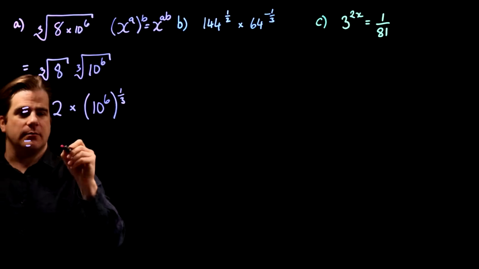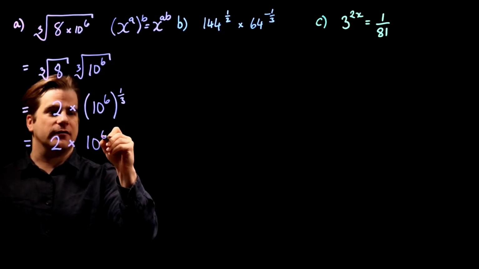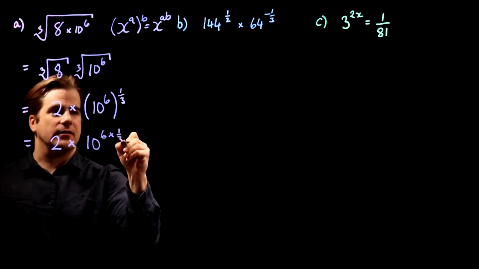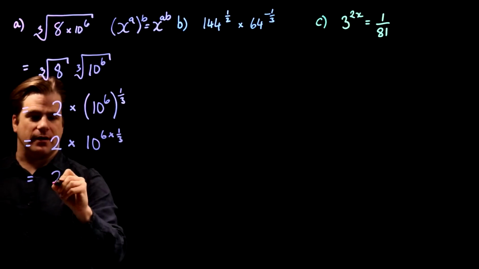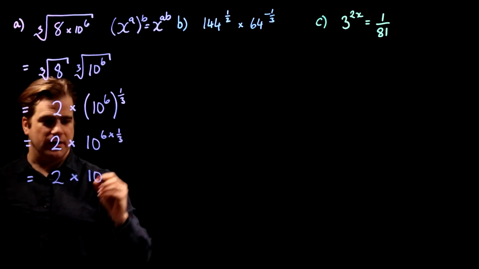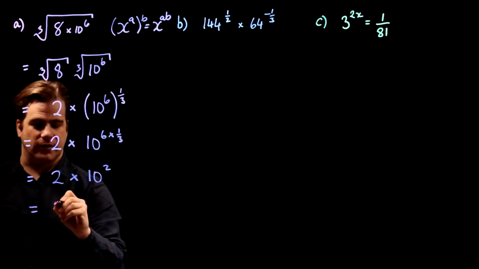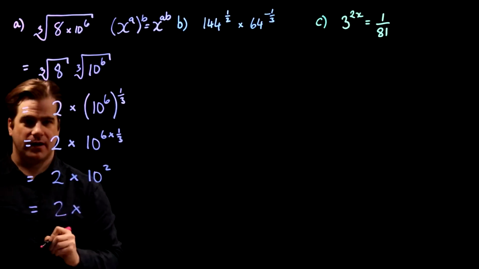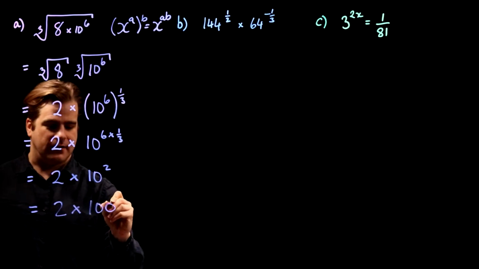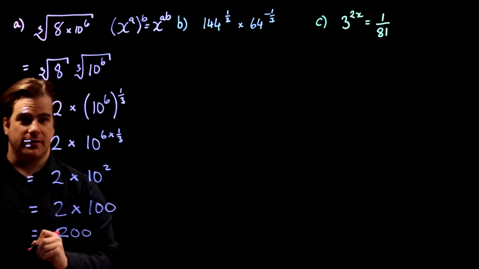So that becomes 2 times 10 to the power of 6 times a third. And 6 times a third is 2. So it's 10 to the power of 2. So 2 times 10 squared is 100. So it's 200.